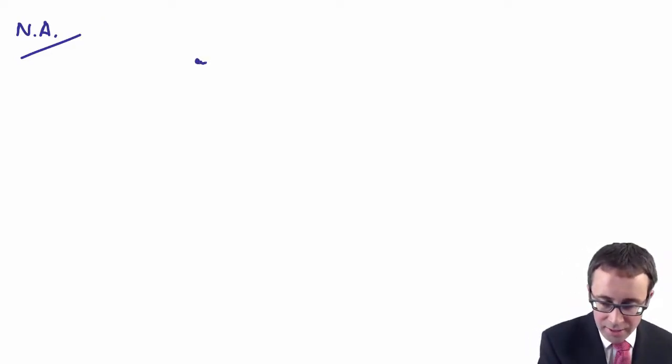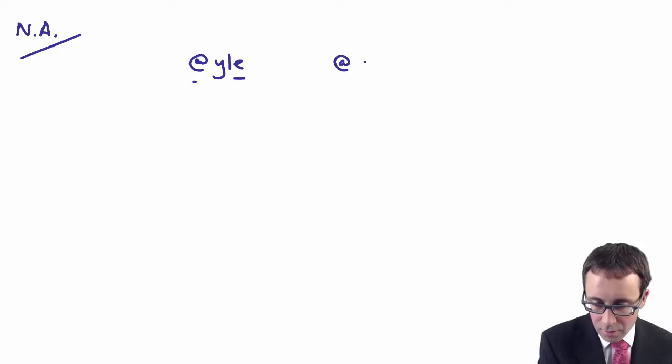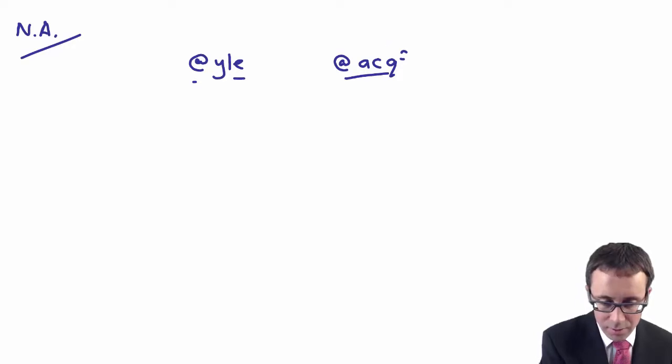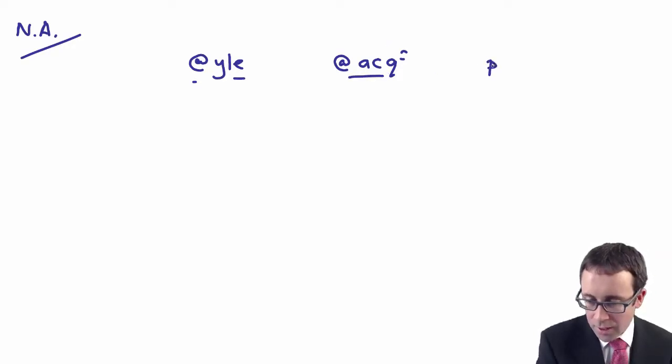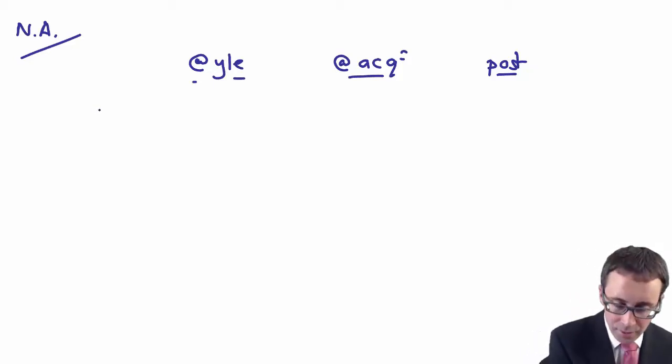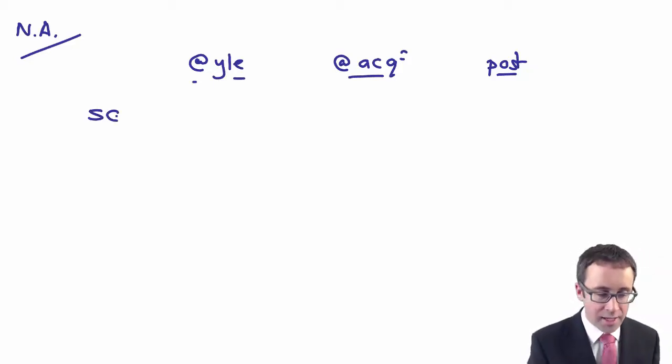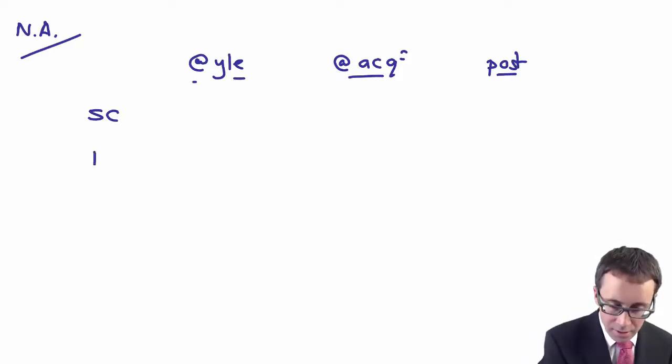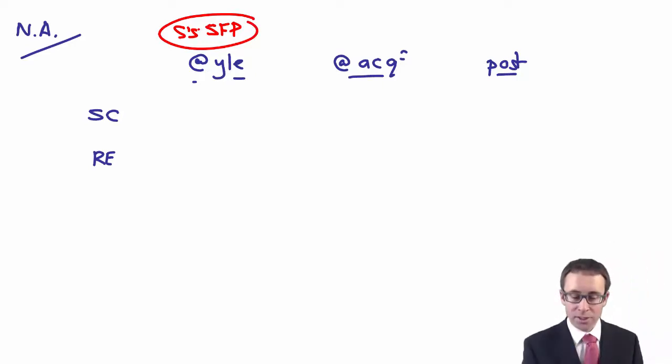So on the net assets, I need year end, I need acquisition, and I also need post-acquisition, don't I? I'm going to take my share capital and my retained earnings. So they are there, aren't they, from S's statement of financial position.